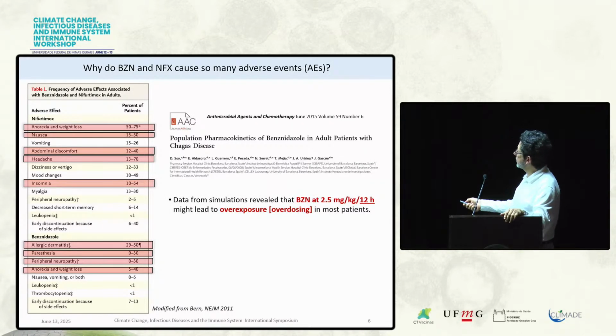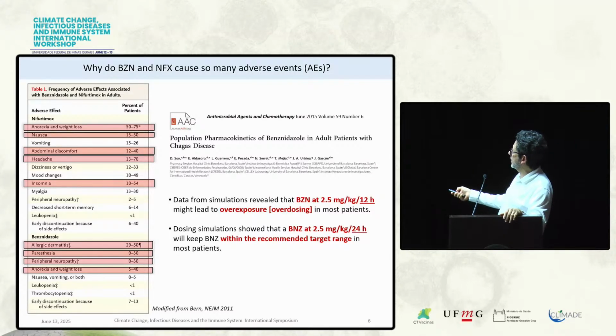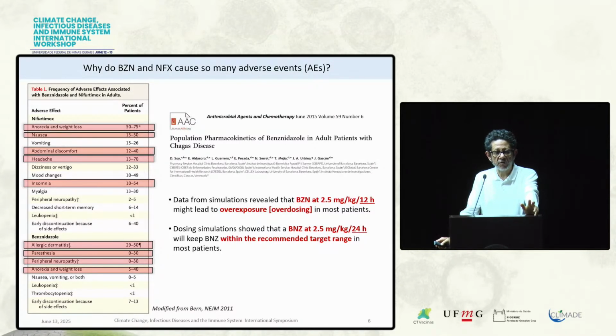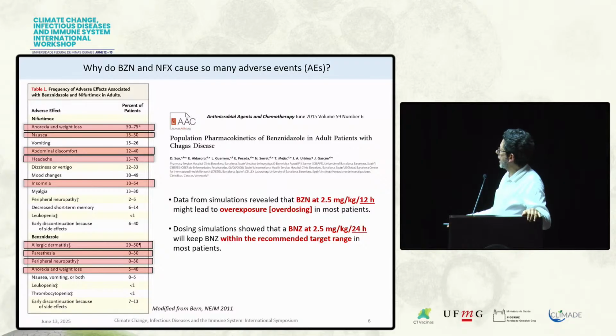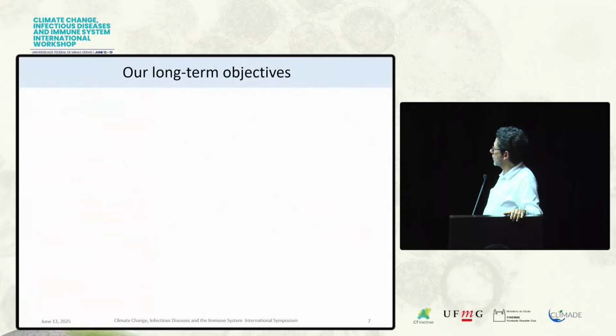They are receiving a dose of 2.5 milligrams per kilo every 12 hours, twice a day. Data from simulations in this study propose that the patients are being overexposed, or overdosed. Dosing simulations also show that benznidazole at half of the dose and half of the frequency will keep benznidazole within the recommended target range in most patients.